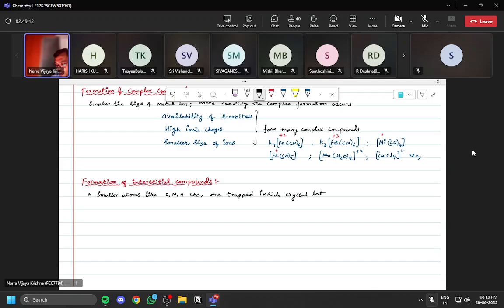We call such compounds non-stoichiometric compounds, or we also call them metalloids.